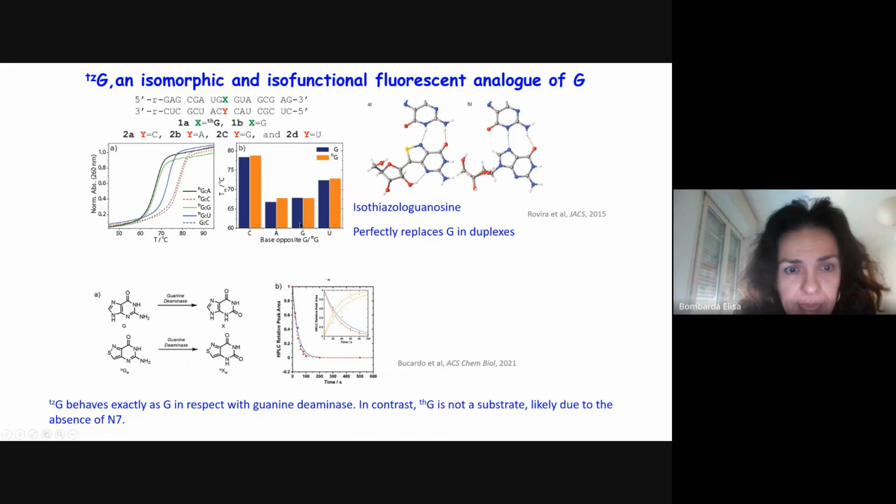and as the melting temperature indicates, in addition, it behaves exactly like guanine with respect to some enzymes like guanine deaminase, because this enzyme is recognizing the nitrogen in this position.